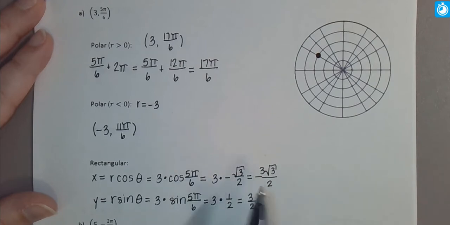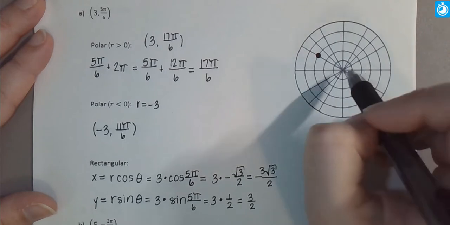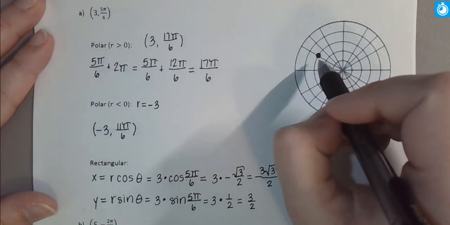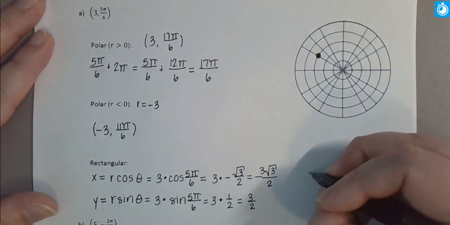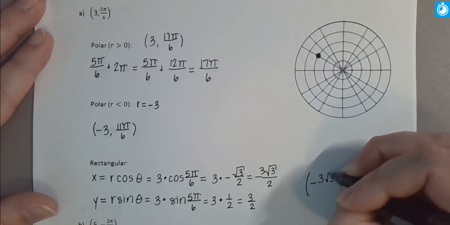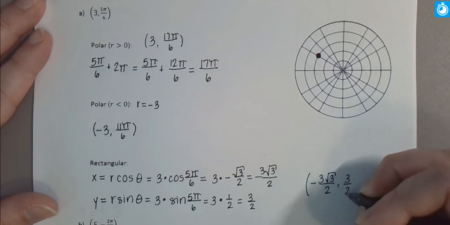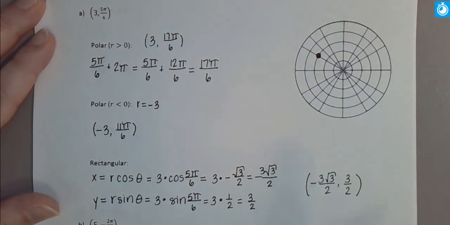And as we expect, if we're in the second quadrant in terms of location, the x coordinate would be negative, the y coordinate would be positive. So our coordinates are going to be negative 3 root 3 over 2 and 3/2. And again, keep in mind, this particular ordered pair is unique.